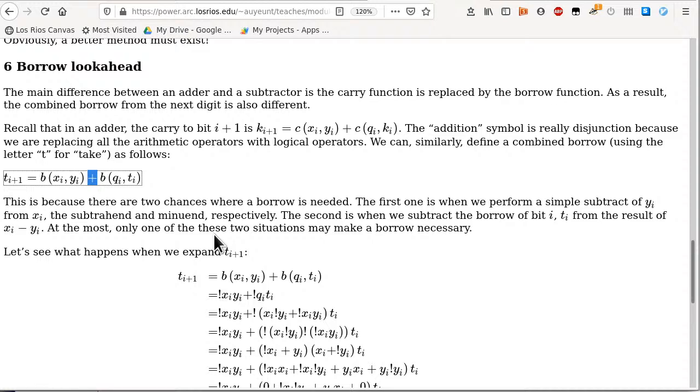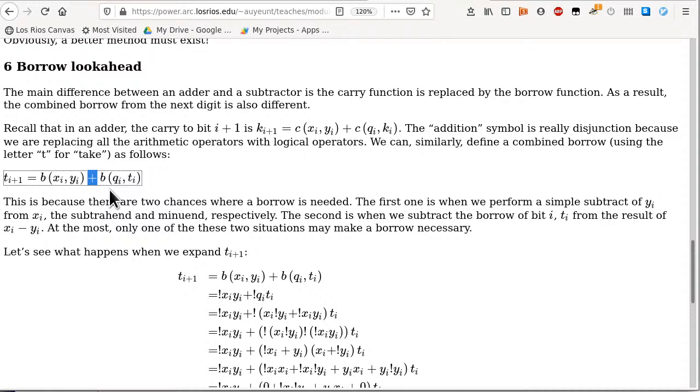The only time that we cannot use a disjunction in place of an arithmetic addition is when both sides can be true at the same time. In other words, if this borrow and this borrow can be true at the same time, then we cannot replace this arithmetic addition with a disjunction. But we really, really want to replace it with a disjunction.